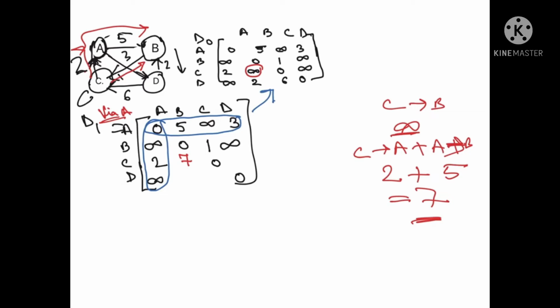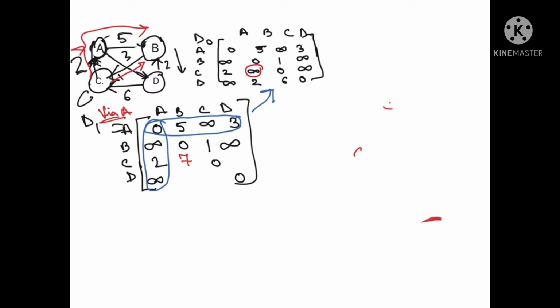Now we'll go to C to D. C to D, this path. Okay. How we will go? So I will write it once again. See here, it is C to D. So C to A plus A to D. A to D, like this. So what is C to A?